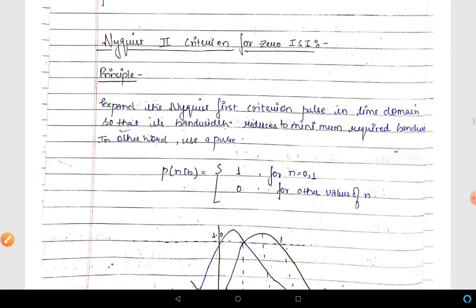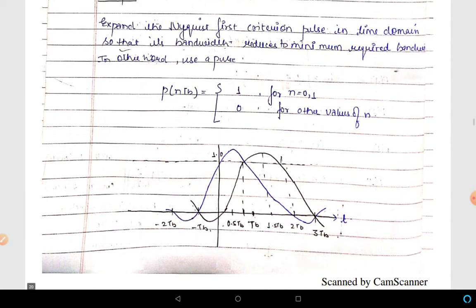So in this case we have chosen a pulse P(nTB) which is 1 for n equal to 0 and n equal to 1. That is, n equal to 0 means P(0), and n equal to 1 means P(TB).